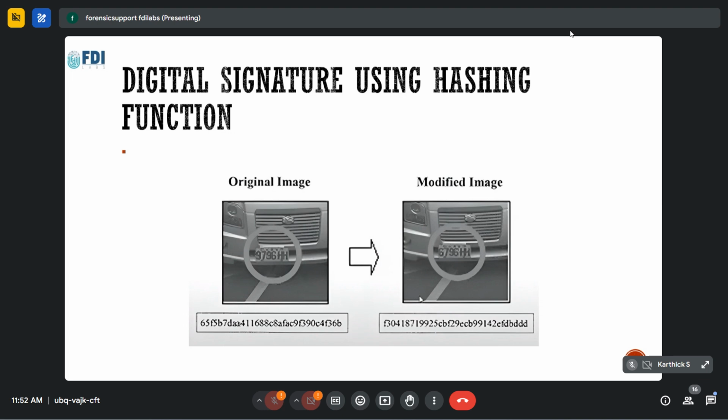These signatures also help us to detect forgery, because when a single pixel of an image gets changed, even a single piece of content of an image, the whole hash code will get changed.